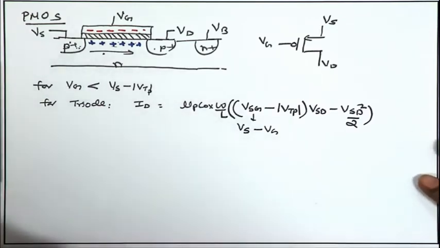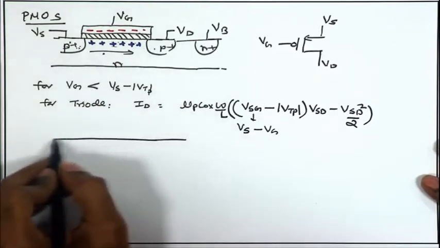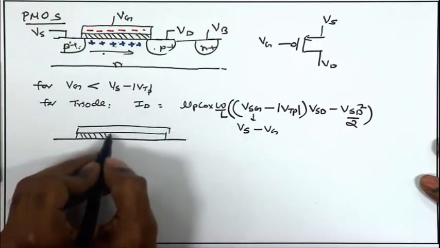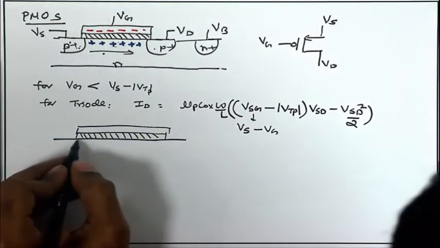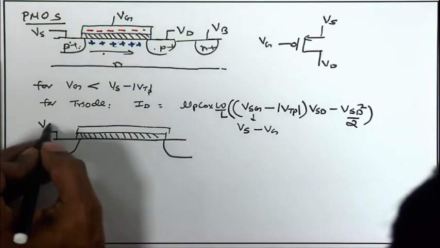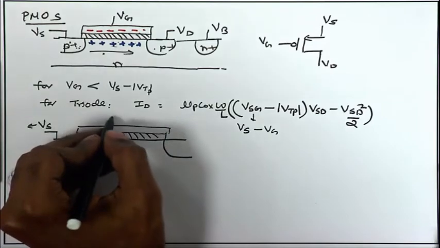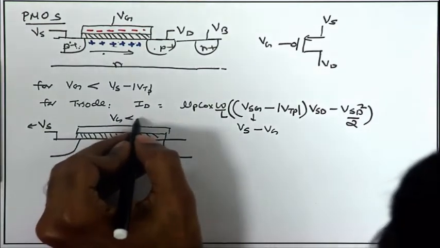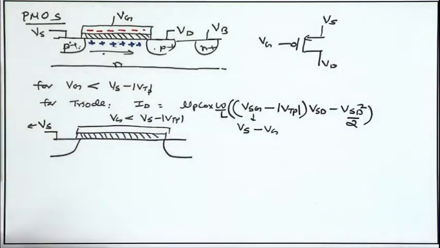If I once again talk about the channel length modulation concept, a similar concept is going to come into picture. Suppose we go on reducing the drain voltage. You have Vs at a higher potential and a Vg which is lower than Vs minus mod Vtp, so you have a channel formed.